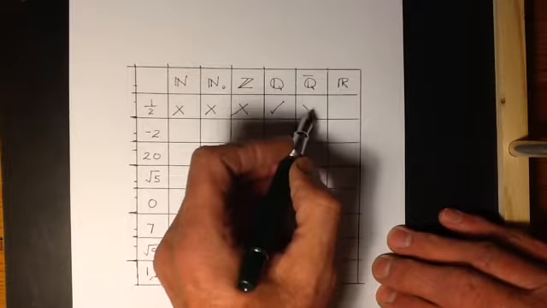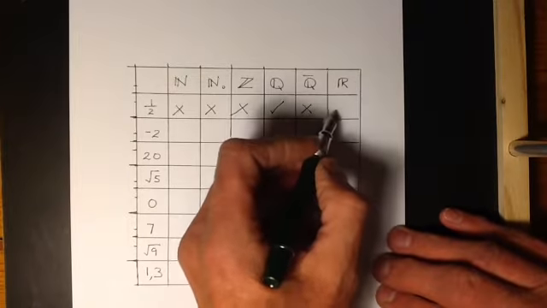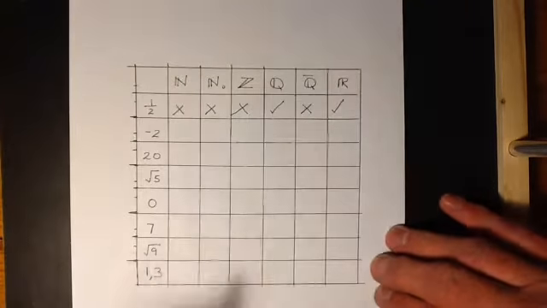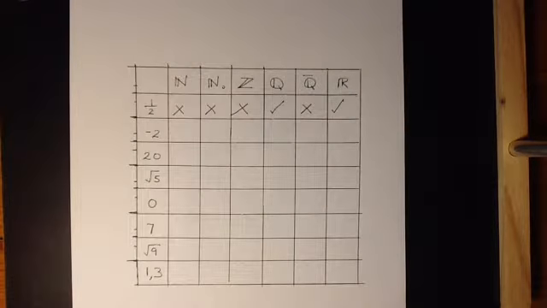Therefore it cannot be irrational, but it'll be a real number. Okay. So, stop the video, you complete the table, and then when you're ready start me up again and we'll check if your solution is the same as mine.